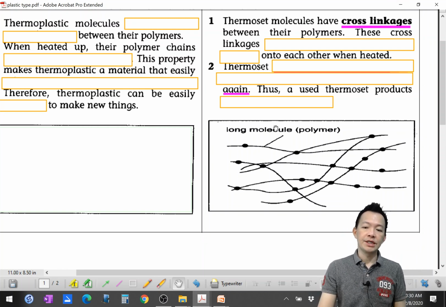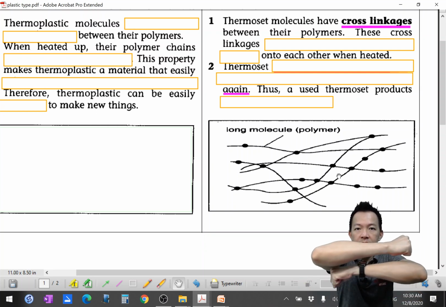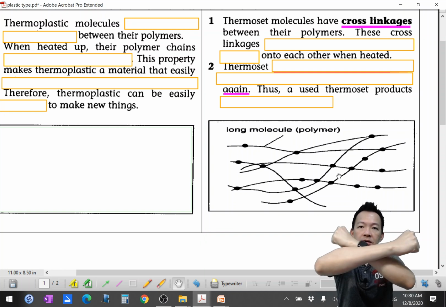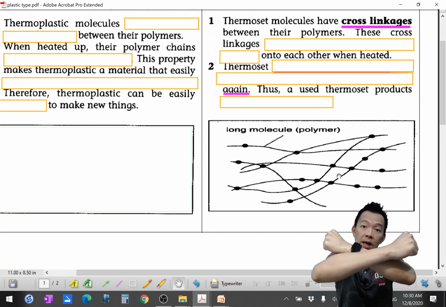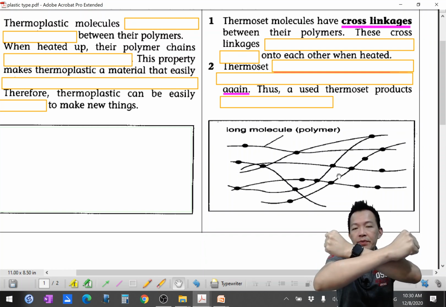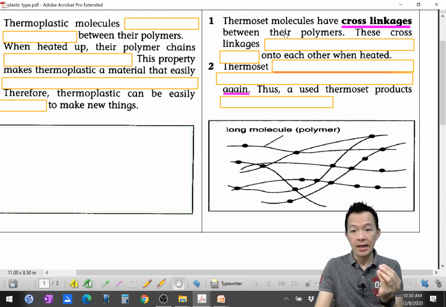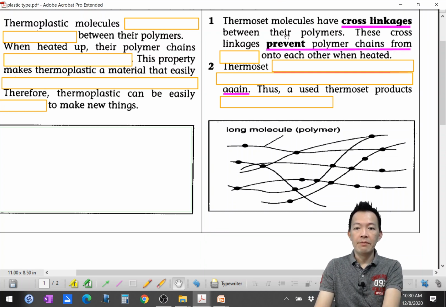And what is the function of this cross linkage? This cross linkage prevents the plastic molecules from gliding on one another, 防止它滑来滑去。So when the plastic polymer cannot glide over one another, they become harder 了，它就变成硬了。你烧它，它就不能滑来滑去。Okay, so this cross linkage prevents the polymer chains from gliding onto each other when heated.